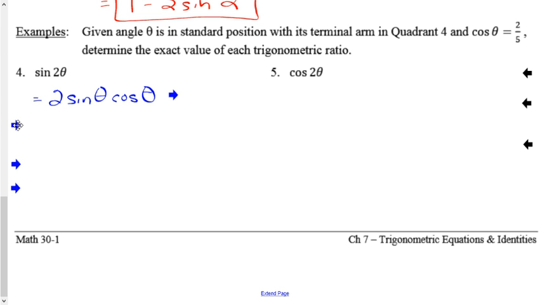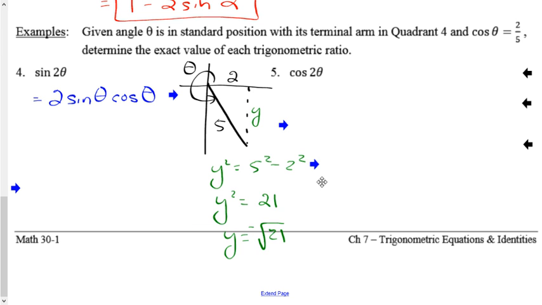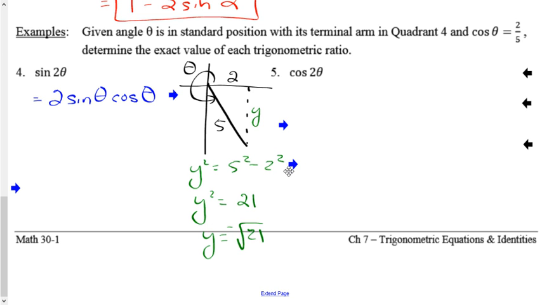So again, like we did with the sum and difference identities, I'm going to sketch the angle theta in standard position and fill in the length of the sides for x and r, and y I need to calculate. That is, I need to calculate the value of y. And Pythagorean theorem will help me with that. y squared will be 5 squared minus 2 squared. And we'll get a y value of square root of 21.